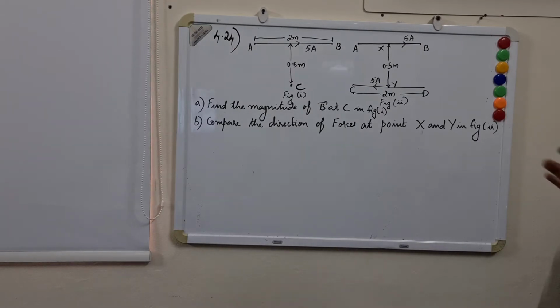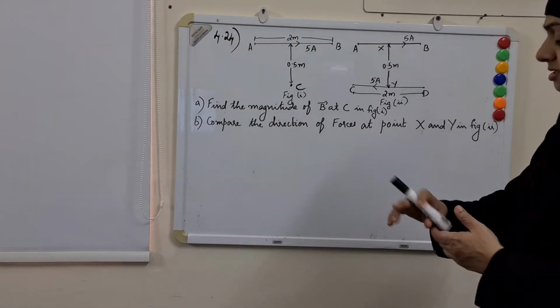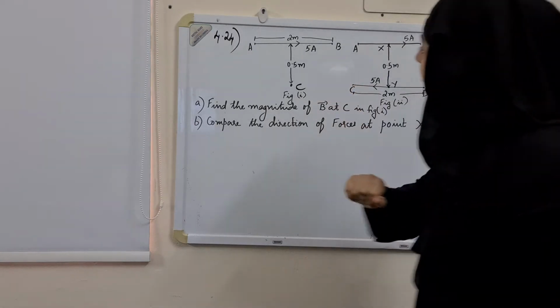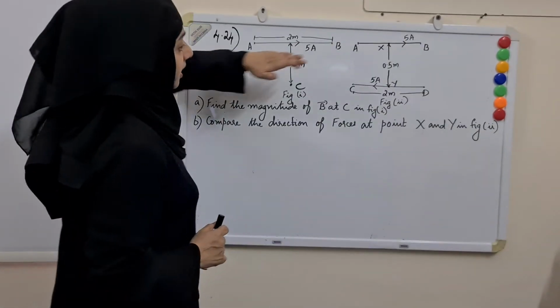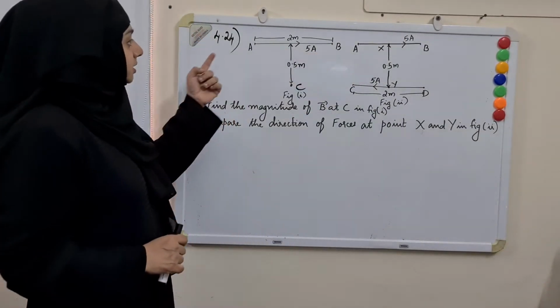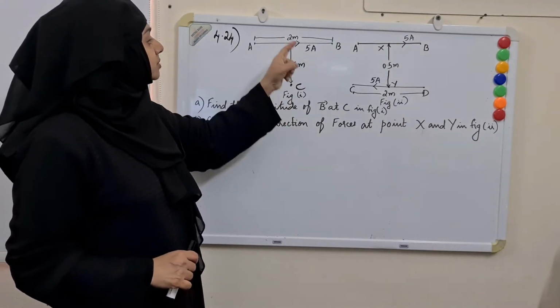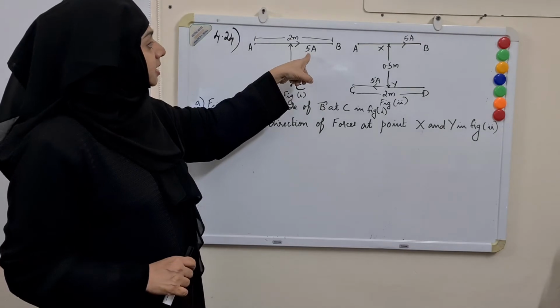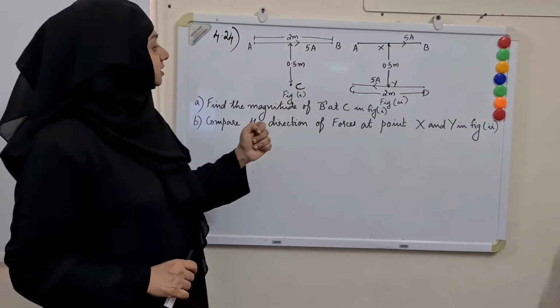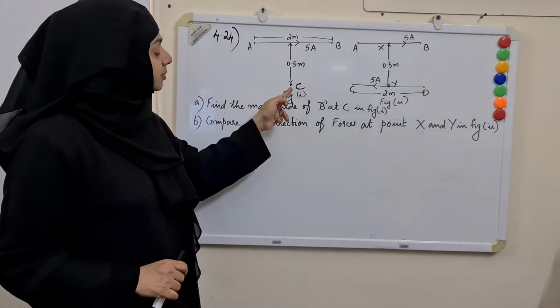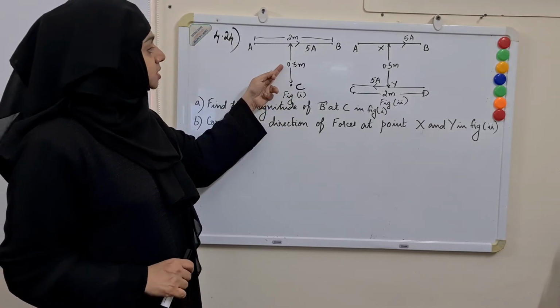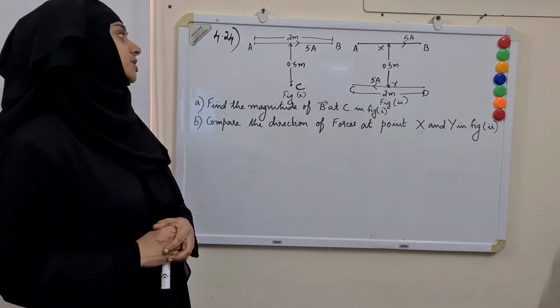So, you saw the next question. There are two figures given, figure 1 and figure 2. There is a current carrying wire AB which is 2 meter long, carrying a current 5 ampere in that direction, and they have marked a point C at a distance 0.5 meter from it.